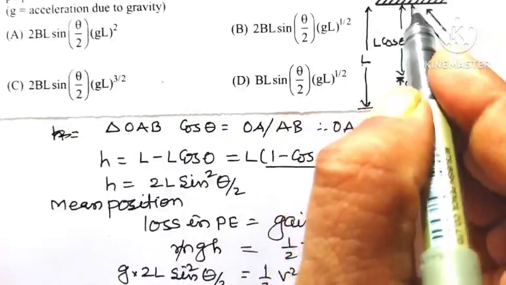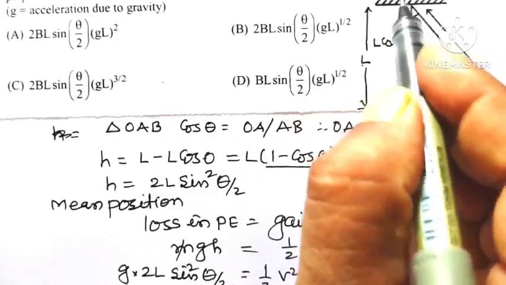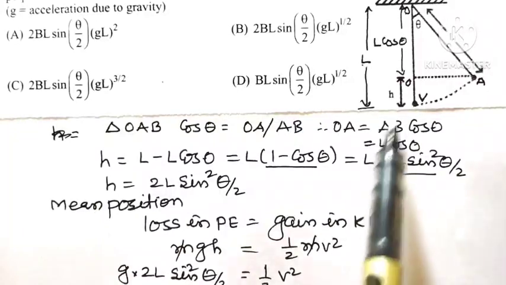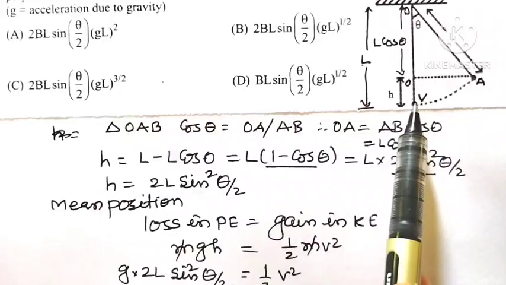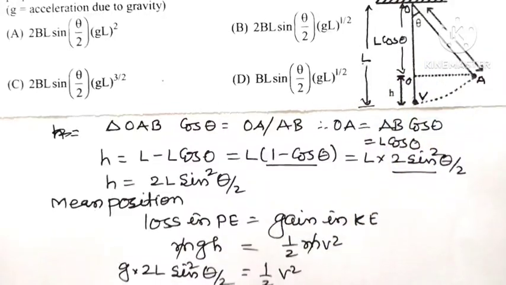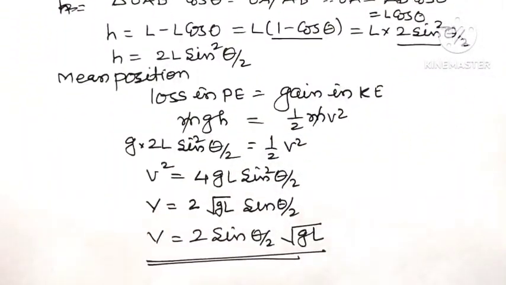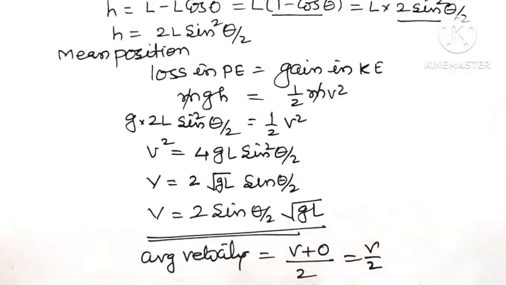And the velocity at the end which is fixed to the rigid support is 0. It means the average velocity of the string is the velocity at one end, v, plus the velocity at the other end, 0, divided by 2, so it is v by 2.